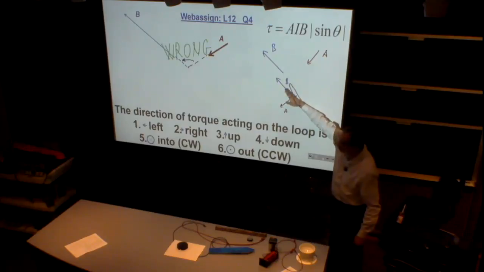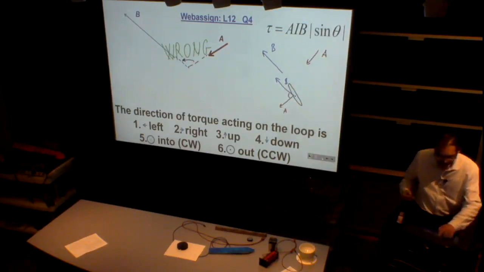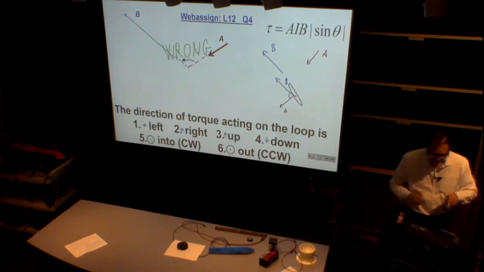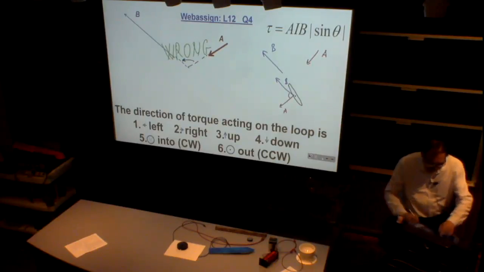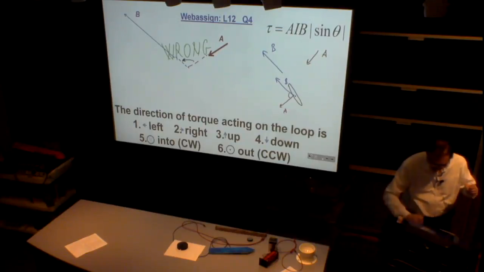By the shortest angle. So the area vector always wants to be parallel to the magnetic field. It doesn't want to feel any torque. So it wants to decrease the torque as fast as possible. So that would have been the direction of angular velocity.